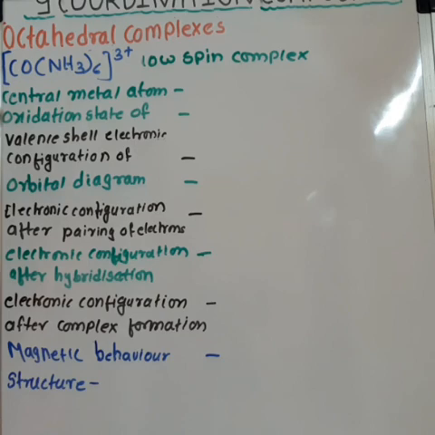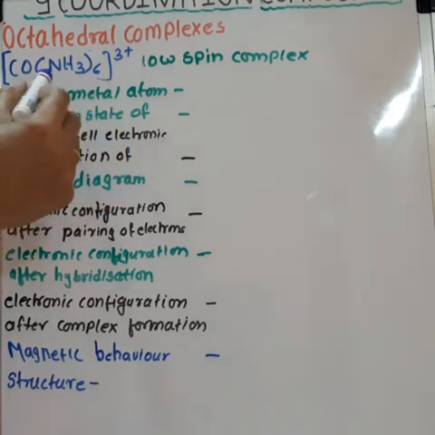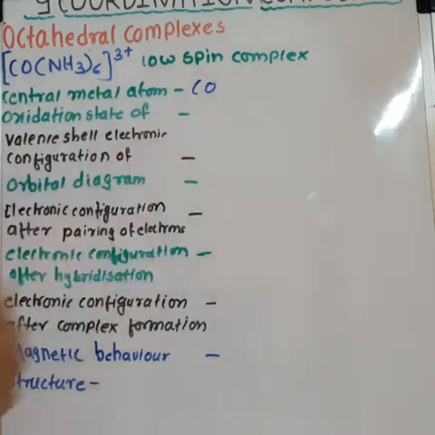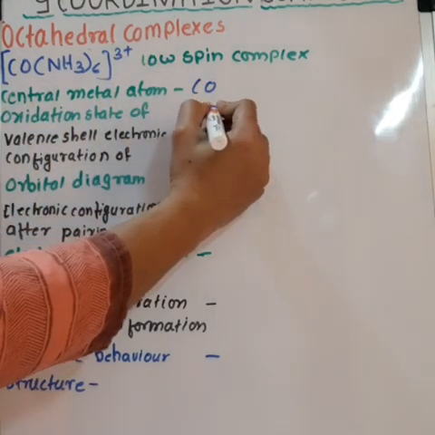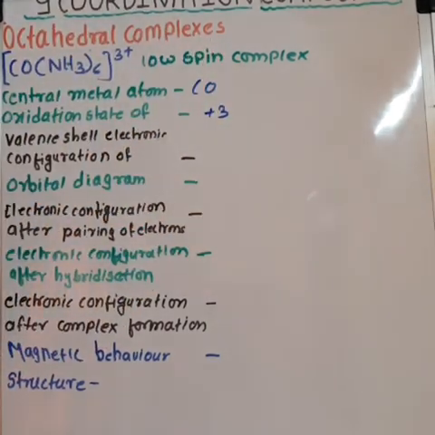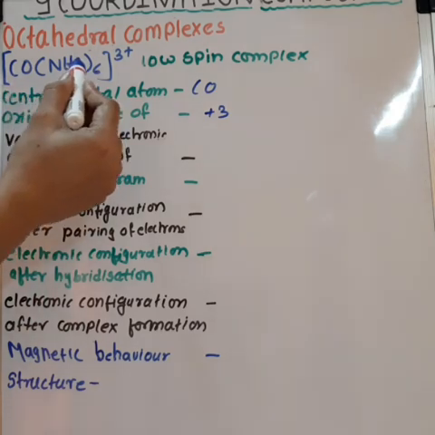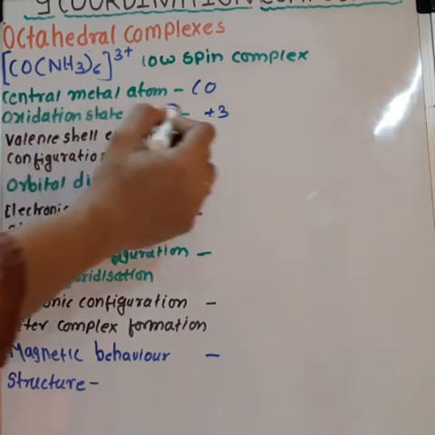First example, the [Co(NH3)6]3+ complex. This is a low spin complex. The central metal atom in this complex is cobalt. The oxidation state of cobalt in this complex is +3. It loses 3 electrons and therefore the oxidation state of this cobalt will be +3.